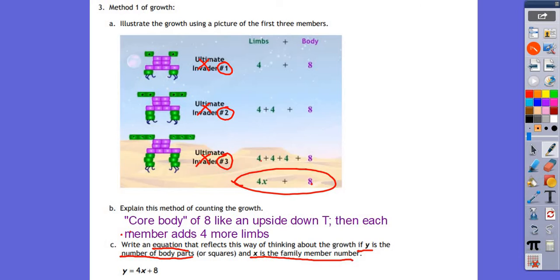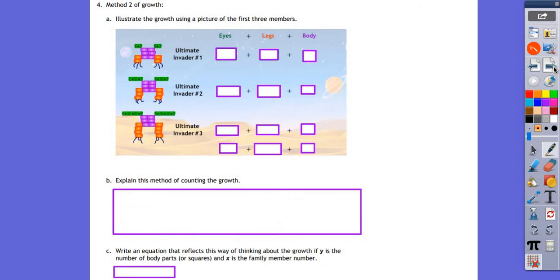That was one person's method. Now we're going to look at a different person's method of looking at the same invader. Okay, so they looked at it differently. That's number 4. Okay, and they have it color-coded here. So we need to write a little chart. And we need to label the chart 1, 2, 3. Then eyes plus legs plus body.